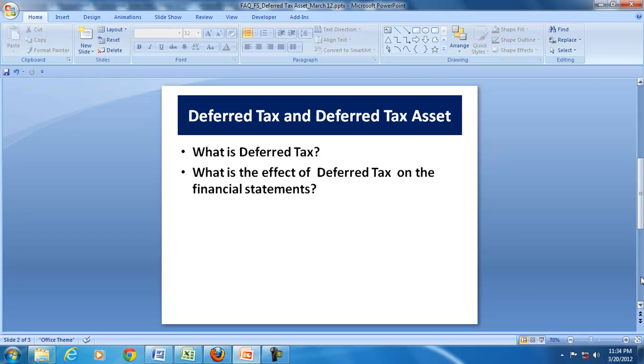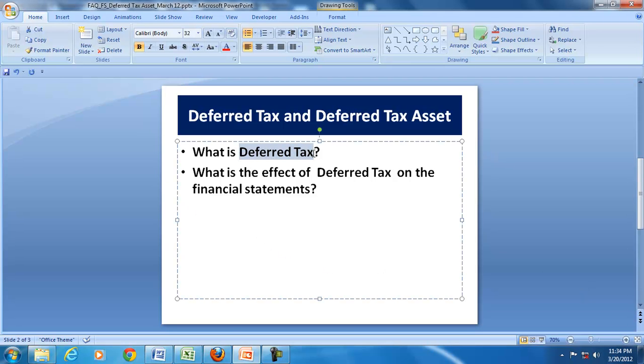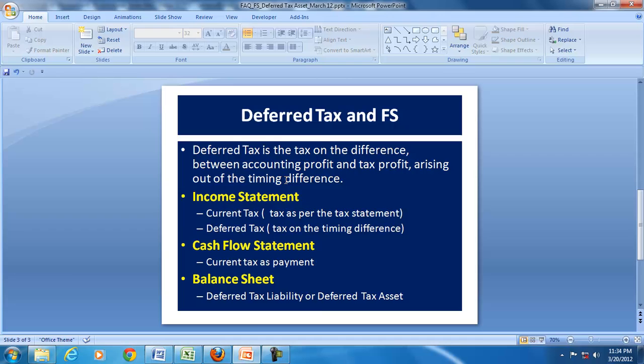The focus of this session is to understand the deferred tax and deferred tax asset. We'll recap what is deferred tax and what is the effect of deferred tax assets on the financial statements.